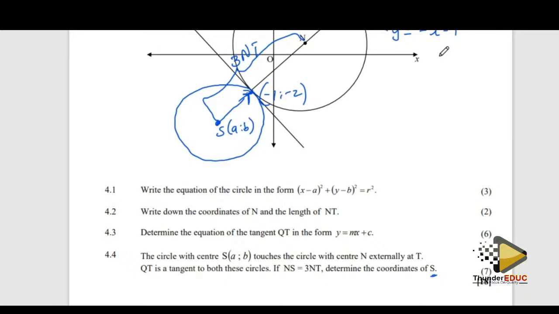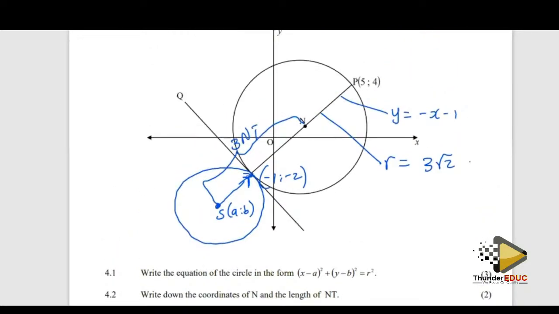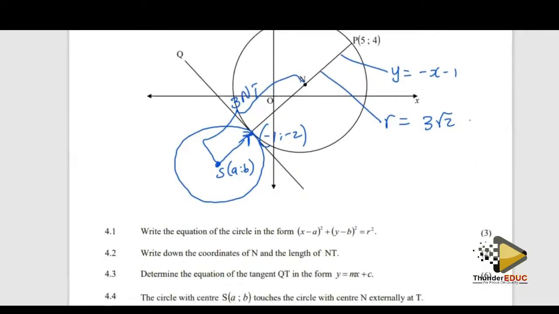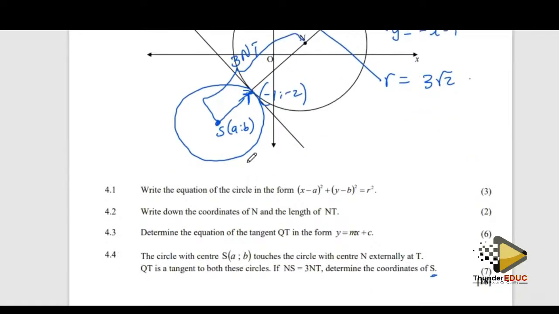And we also got the radius to be 3√2. Let's go back and fix this, because I see that 3NT is in a wrong place, telling us that NS.